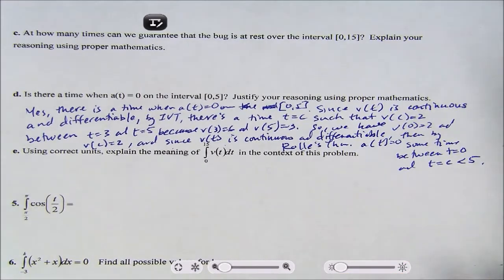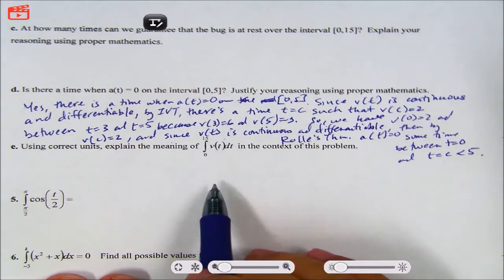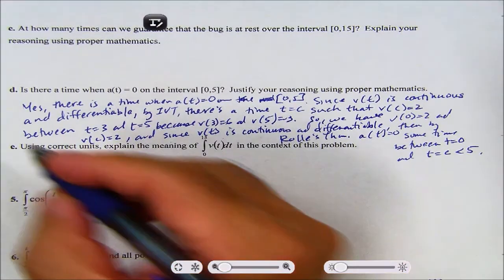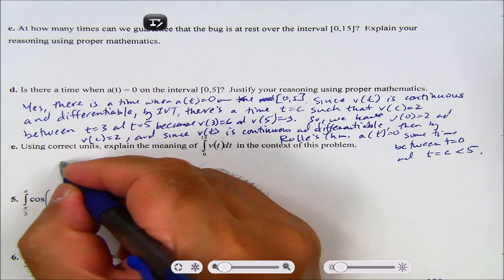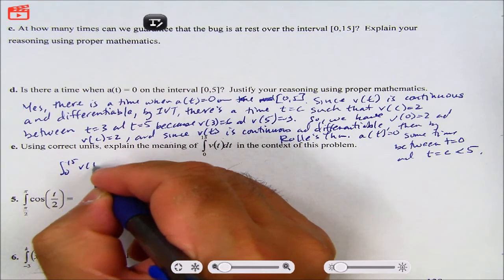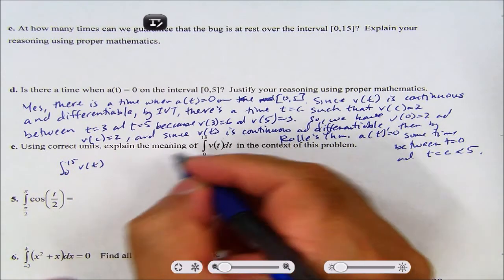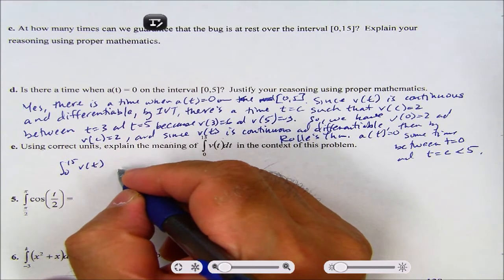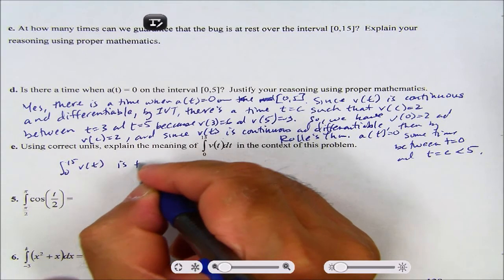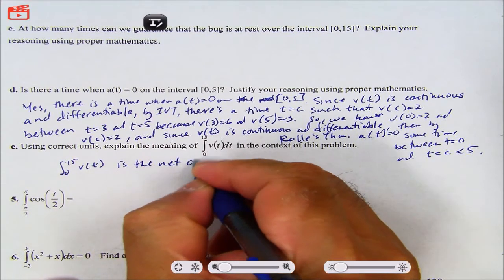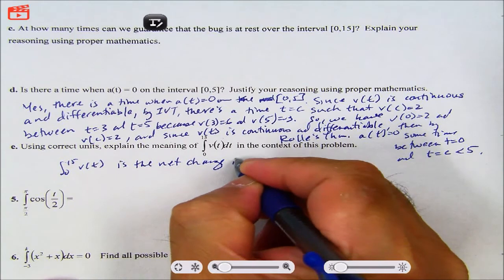Part E, using correct units, explaining the meaning of that. Remember, by the Net Change Theorem, this is the net change in distance.